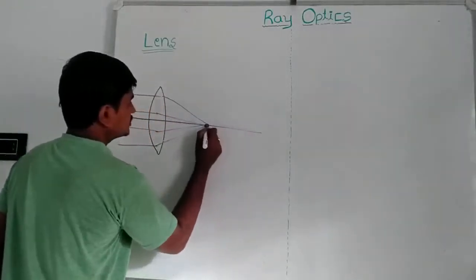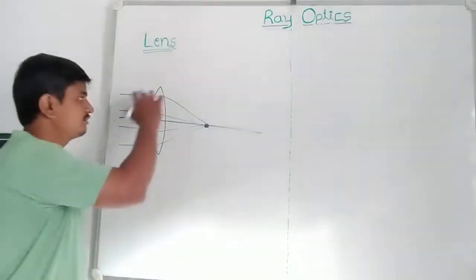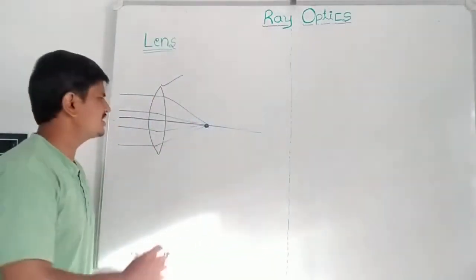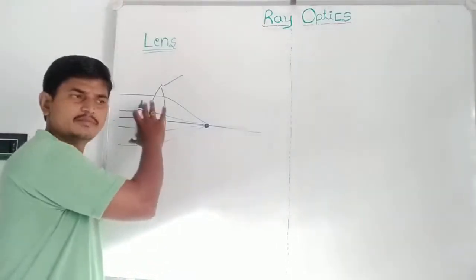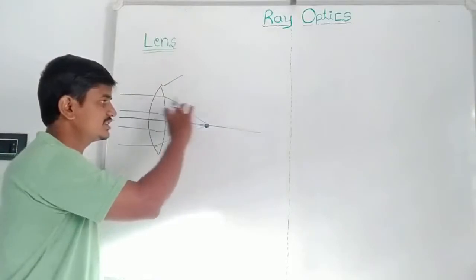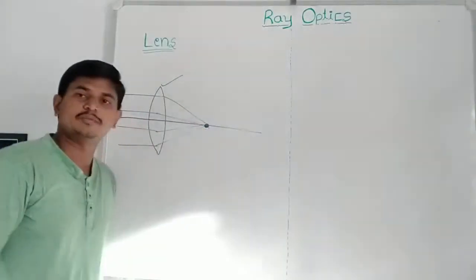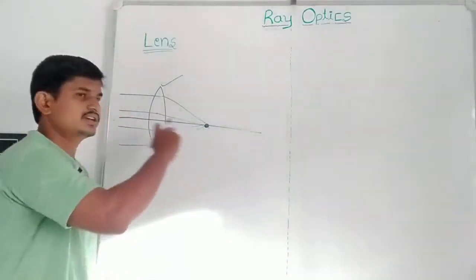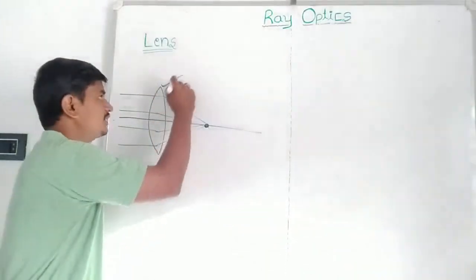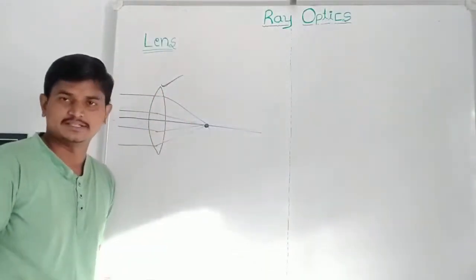So this is what we call converging. This type of lens we call a converging lens. A converging lens is one where a parallel beam of light incident on the lens converges at a single point on the principal axis. This is what we call a converging lens, and it is also called a convex lens.